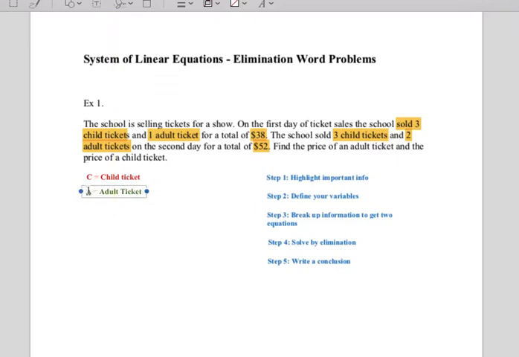I'm probably going to use them as lowercase.